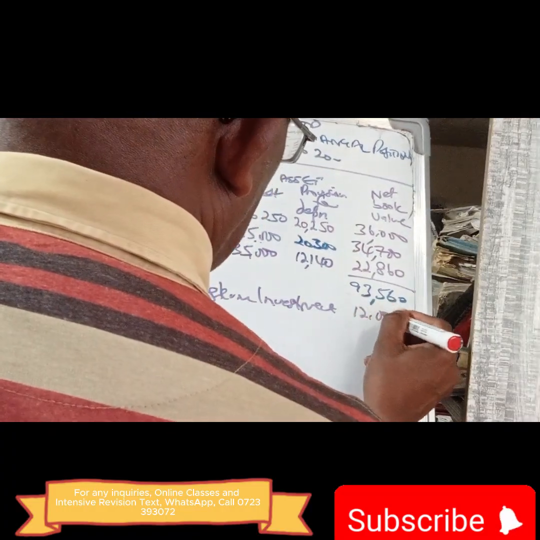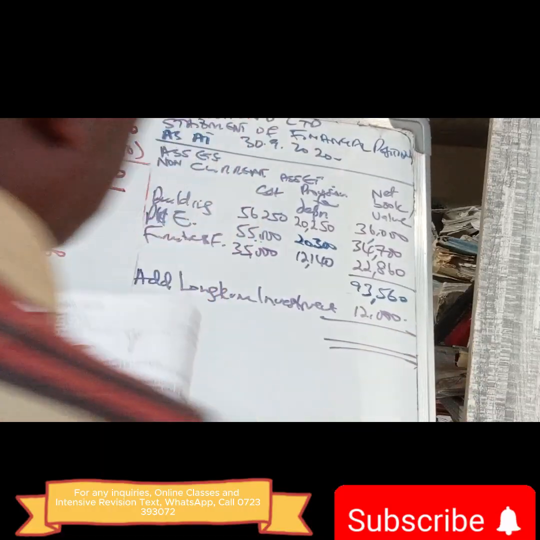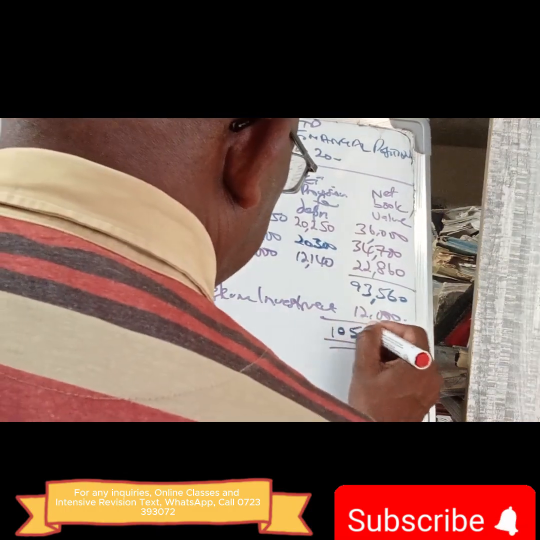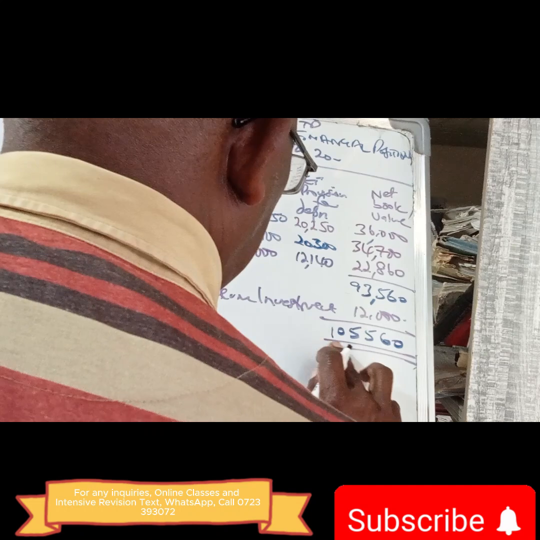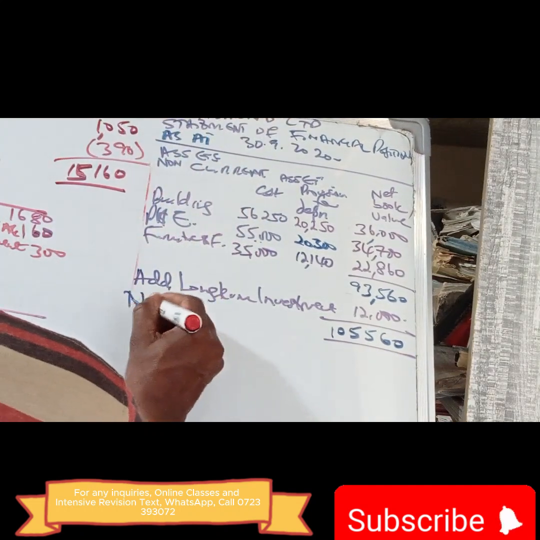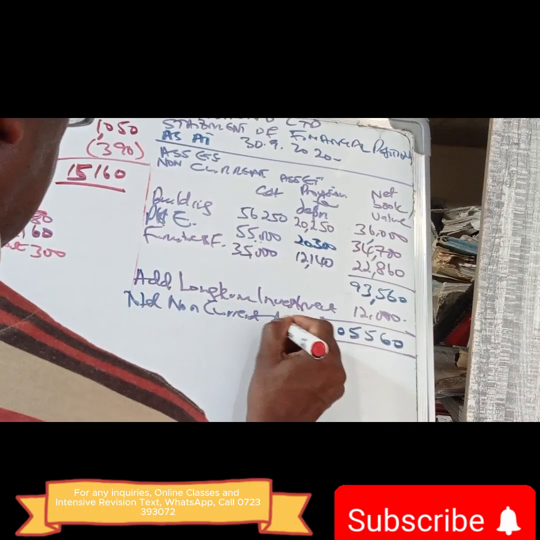If we add 93,560 and 12,000, we get 105,560 as total non-current assets.